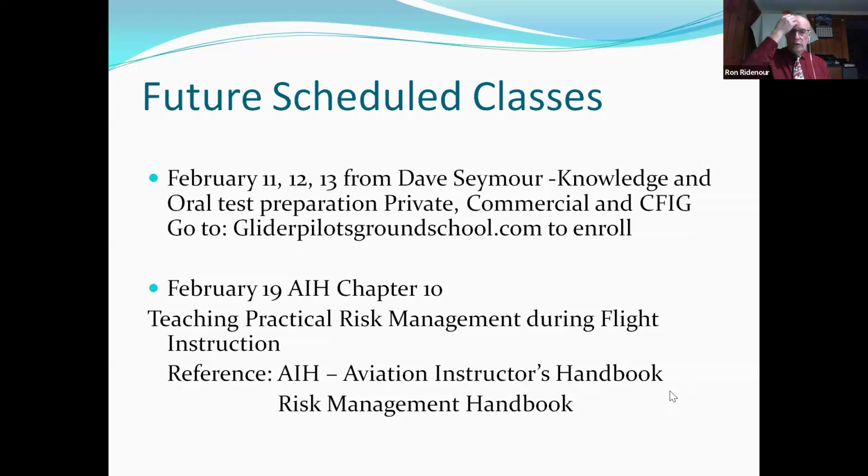The references are the Aviation Instructor's Handbook, Chapter 1, and the Risk Management Handbook. There's an entire handbook on risk management, so you should look that up. I believe it's -01 or -02. You should look up the Risk Management Handbook and download it off the FAA website if you want to, or buy one. I've got a hard copy of mine too.